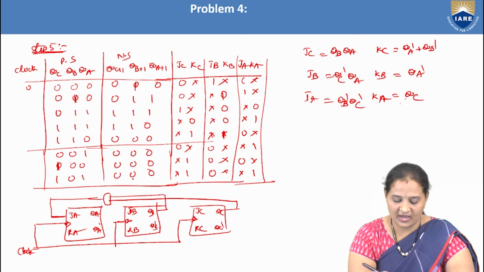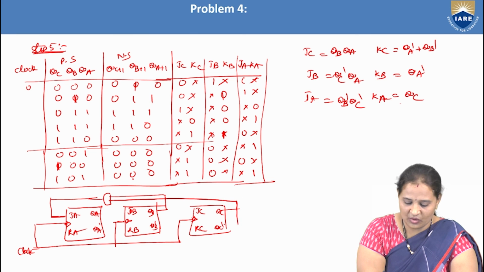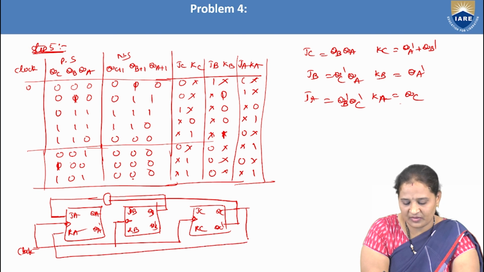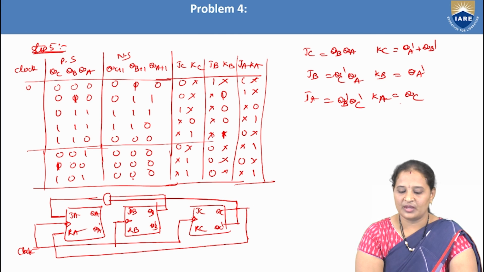Next, what is KA? KA is nothing but QC complement, right? KA is nothing but QC here. So QC is given as input to KA.